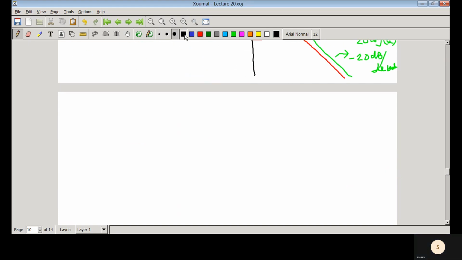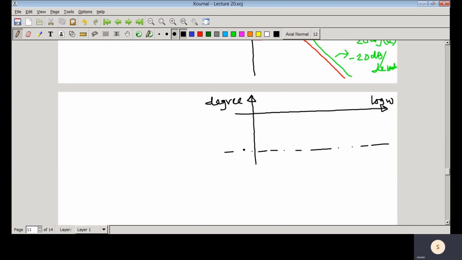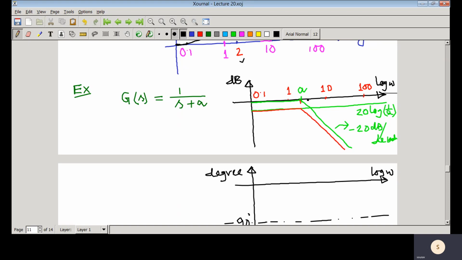And what would be the phase? So the phase plot is, this is log omega, and here it is degree, and we have shown that when omega is large, that means at high frequency, the angle would be minus 90 degree, and at omega equal to a, that means at the corner frequency, which we have taken here as a, the value becomes minus 45 degree.